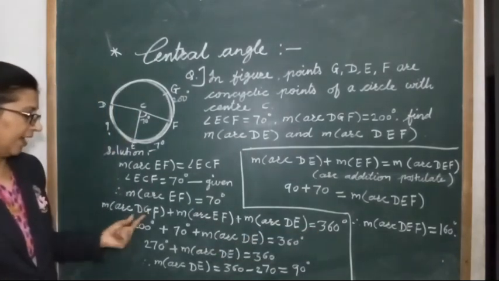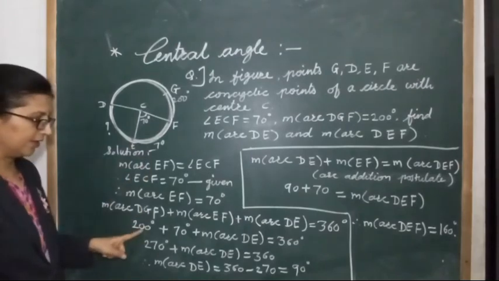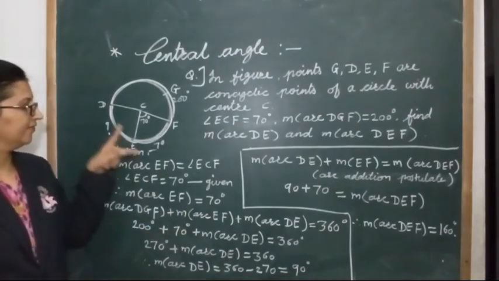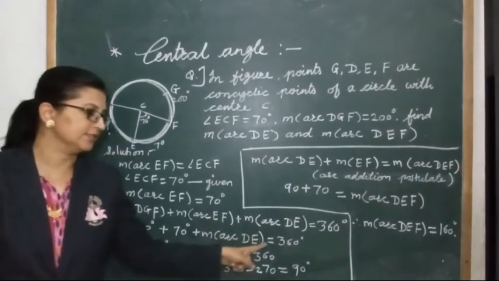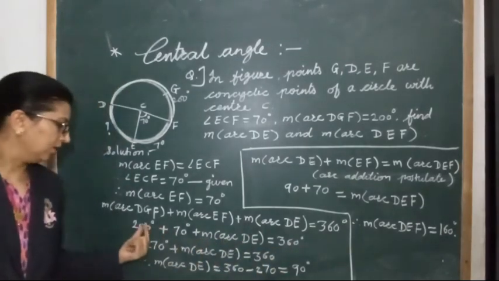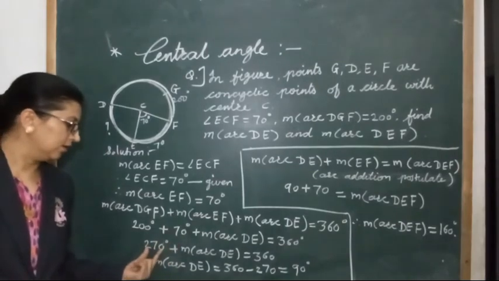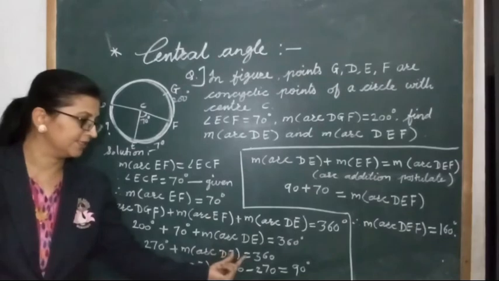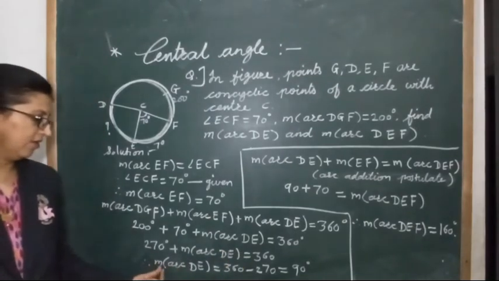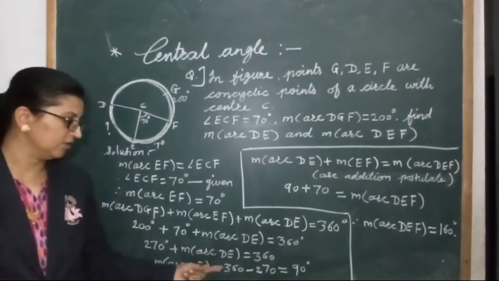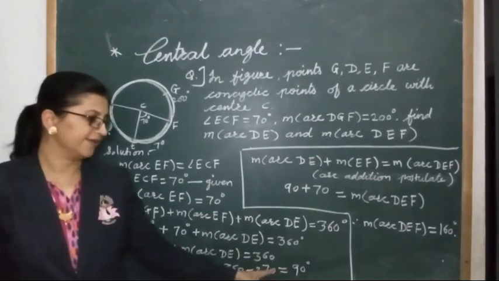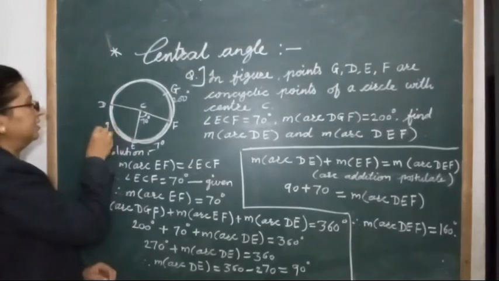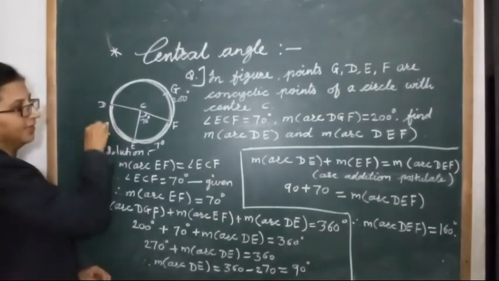Then put the values. DGF is 200 degrees, then EF is 70 degrees, and DE we are asked to find. So it is equal to 360. 200 plus 70, that is 270 degrees, plus the measure of arc DE is equal to 360. Therefore the measure of arc DE is equal to 360 minus 270, that is 90 degrees. So in this way we got the measure of this arc as 90 degrees.